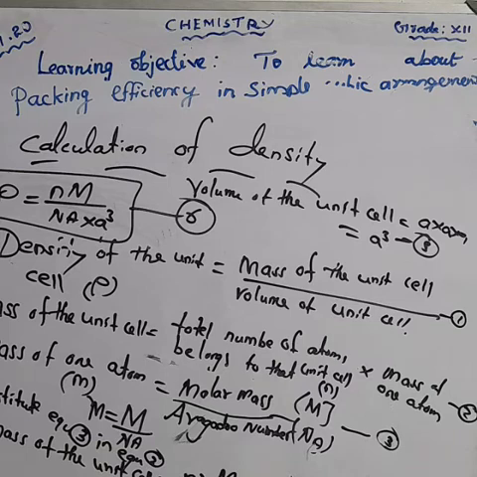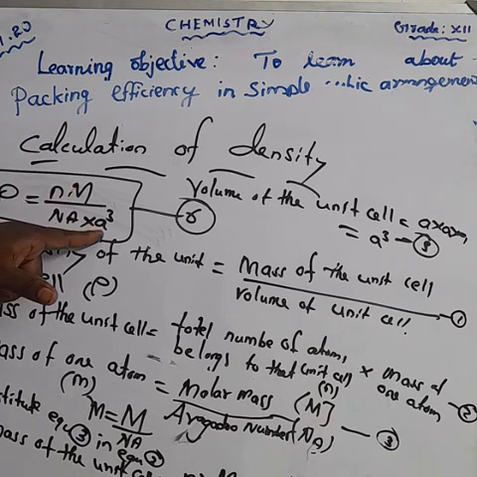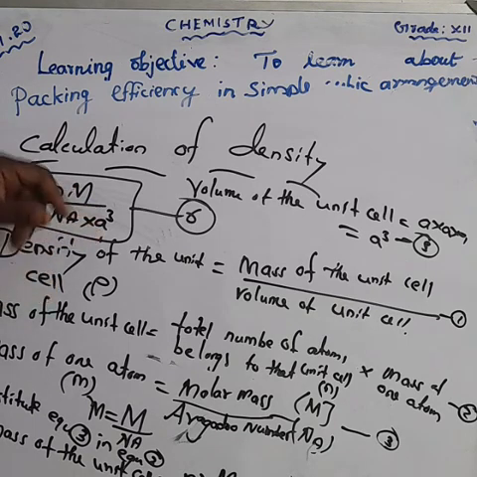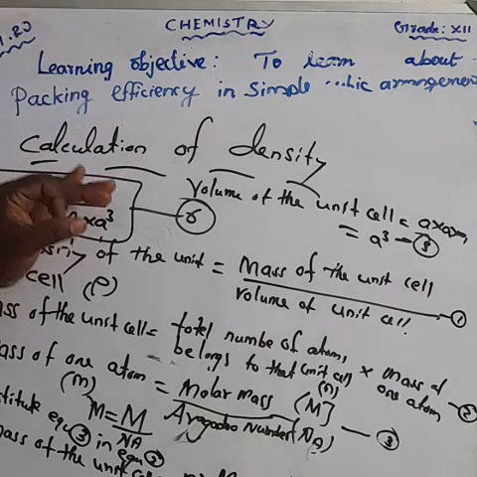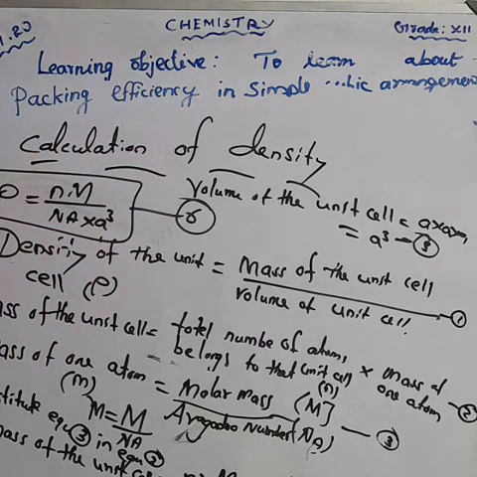This is the density calculation. This equation 6 contains 4 variables. What are the 4 variables here? Rho is one variable, n is another variable, capital M is another variable, and a is another variable. If any 3 variables are known, we can calculate the 4th one. Am I right?